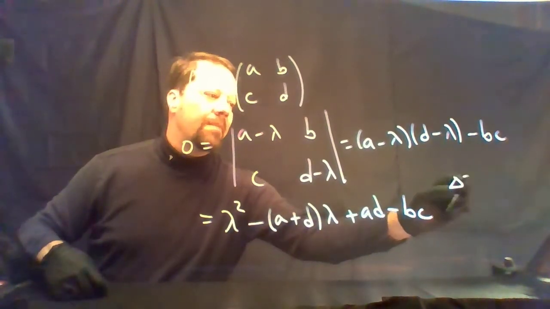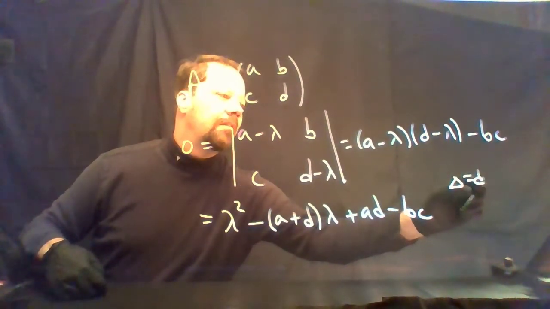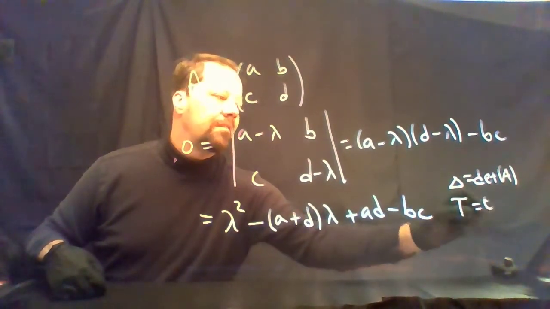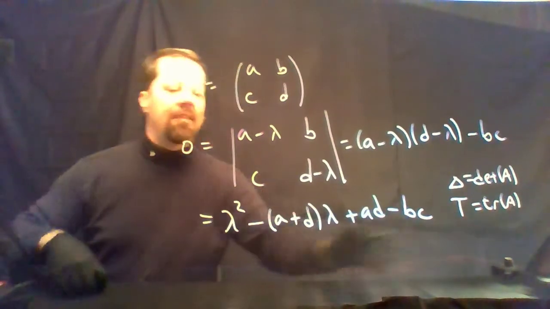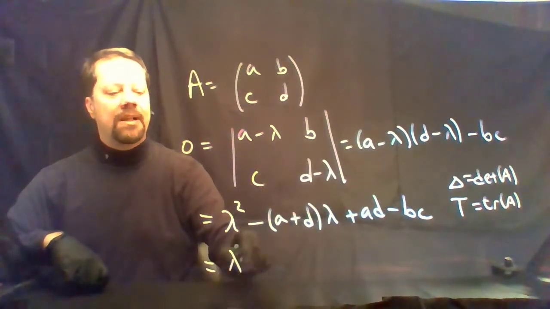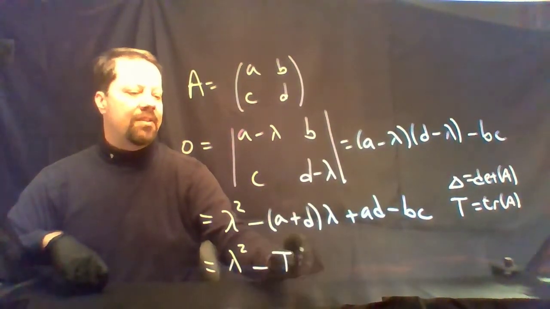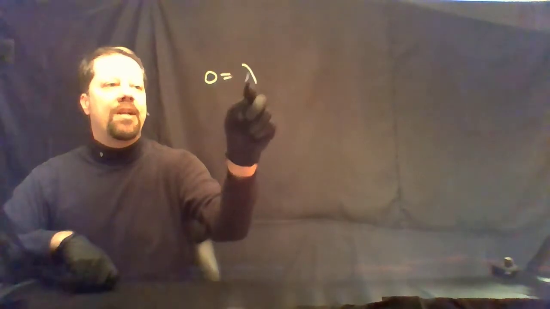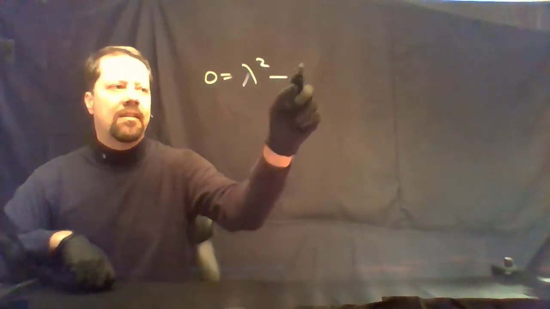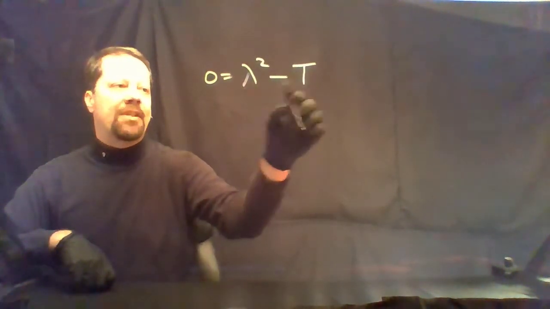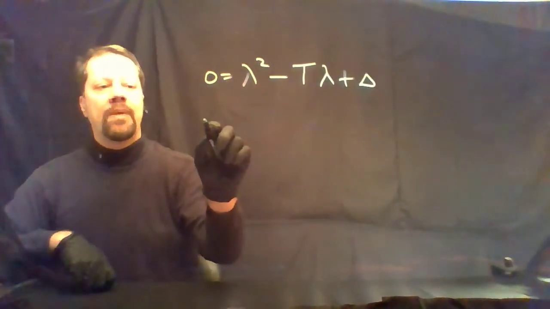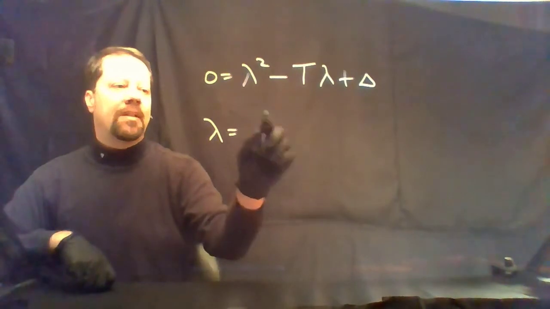If you denote the determinant by delta and the trace by t, you can see that what we're getting here is minus the trace times lambda plus the determinant. Since the characteristic equation is, in all cases, in the 2x2 case, lambda squared minus the trace times lambda plus the determinant, we can solve this using the quadratic formula.